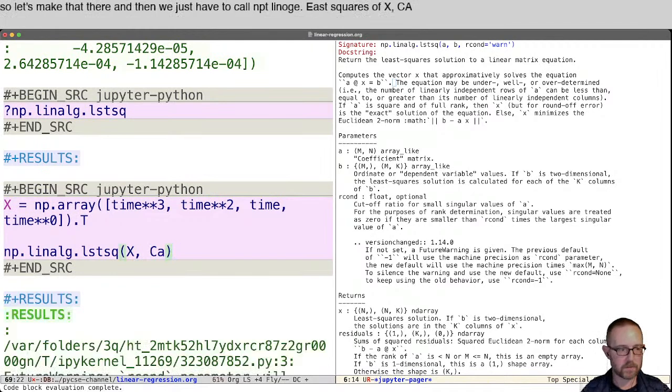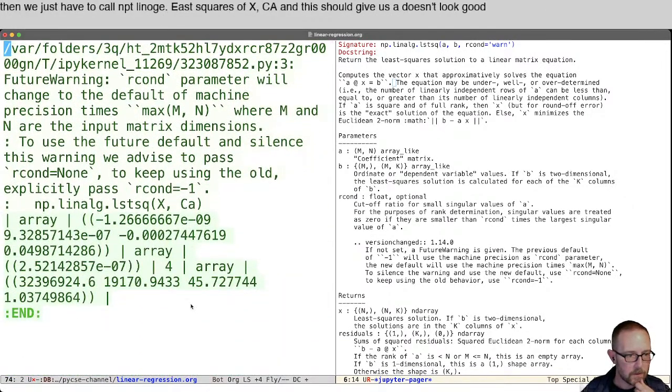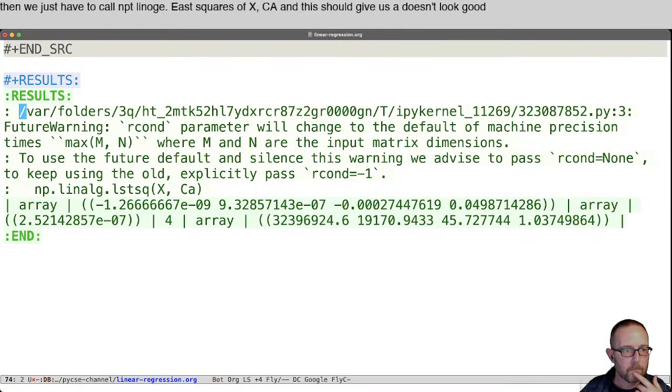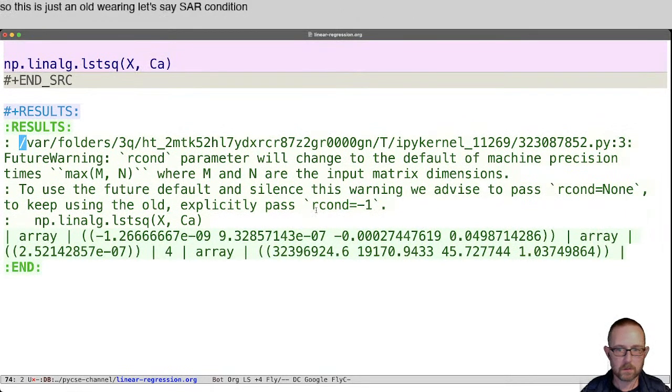And this should give us a, oh, doesn't look good. Oh, this is just an old warning. Let's say our condition equals none.